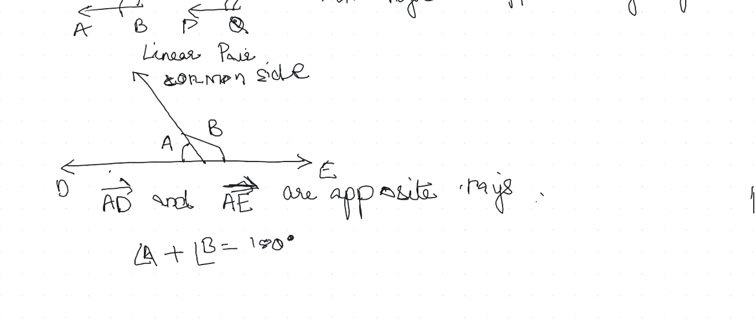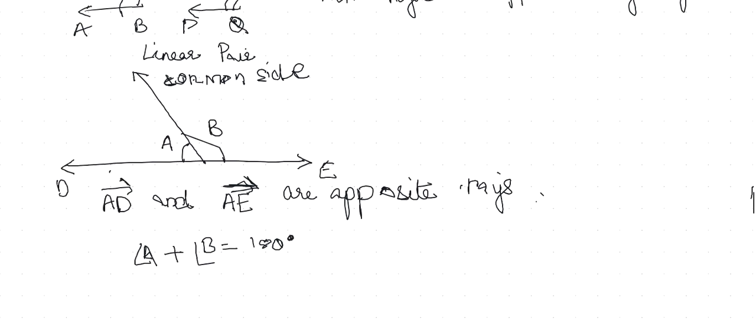So two adjacent angles are a linear pair where the non-common sides are opposite rays, and the angles in a linear pair are supplementary angles.